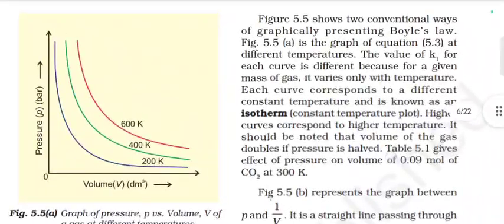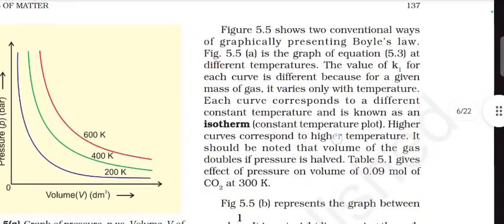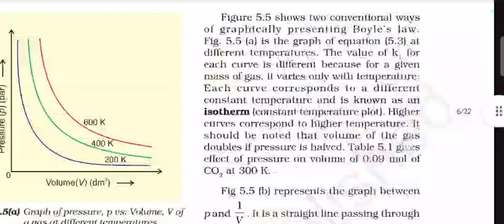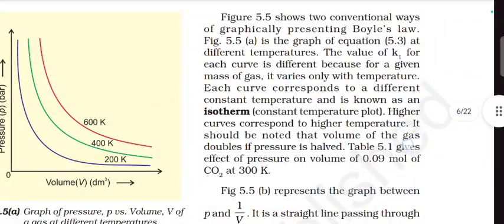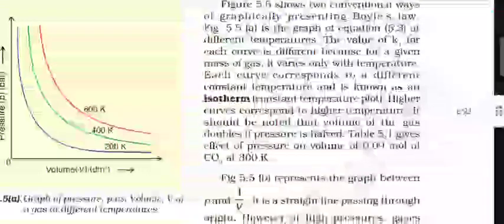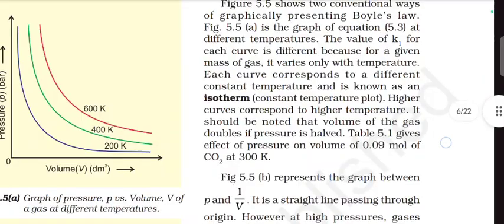Figure 5.5 shows two conventional ways of graphically presenting Boyle's law. Figure 5.5a is the graph of equation 5.3 at different temperatures. The value of K1 for each curve is different because for a given mass of gas, it varies only with temperature.